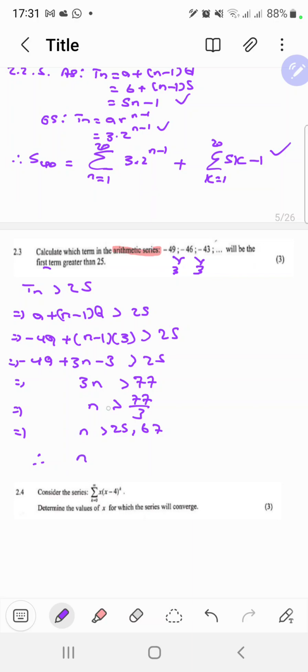So if we're looking for something that is going to be greater than 25, and we're getting 25.67 for n here, the nearest here is literally going to be 26. Okay, so to the nearest integer, that should be 26. Okay, so I'm hoping that makes a bit of sense, and we simply move on. So that should be 26. So that is just this correct substitution here.